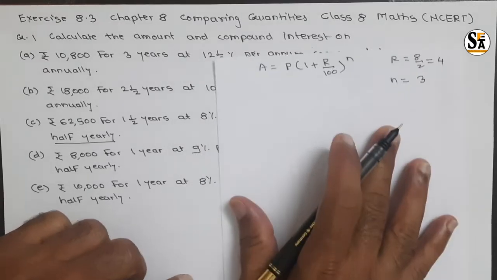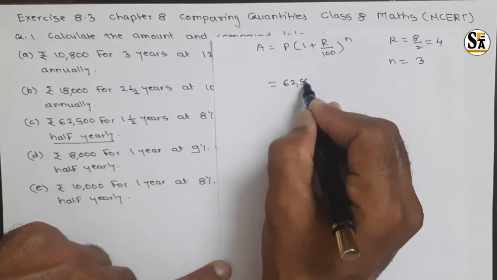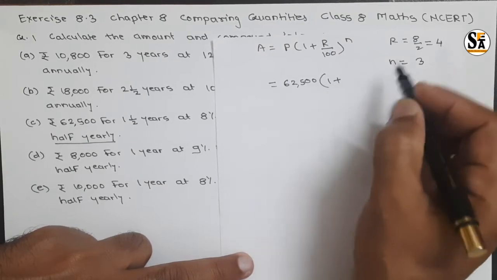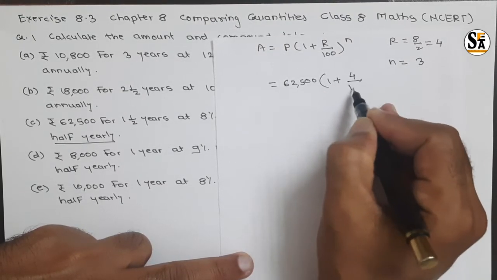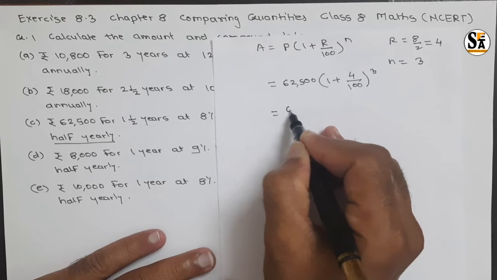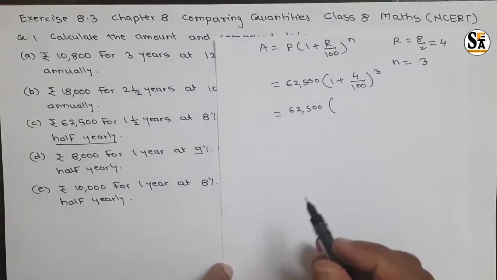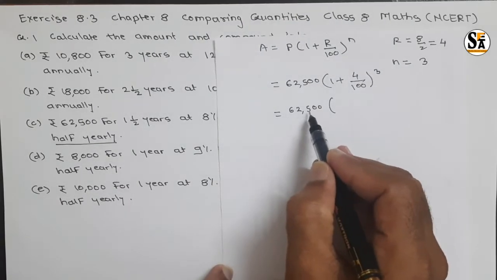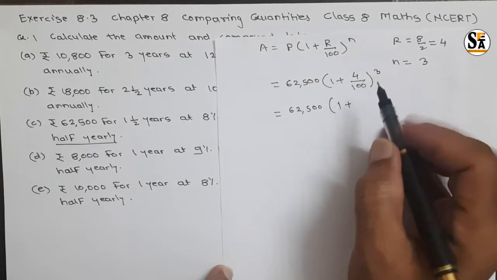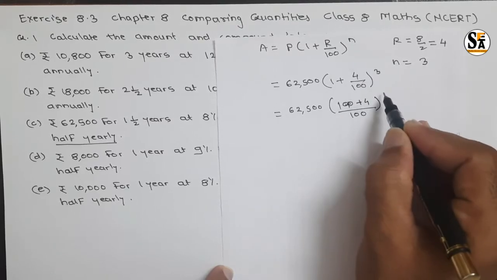So make the calculation here. A equal to, P is given 62,500, then into bracket 1 plus r, we must take 4 divided by 100, and bracket raised to 3. Calculate this. 62,500 into bracket, take 100 as common, 100 plus 4 raised to 3.